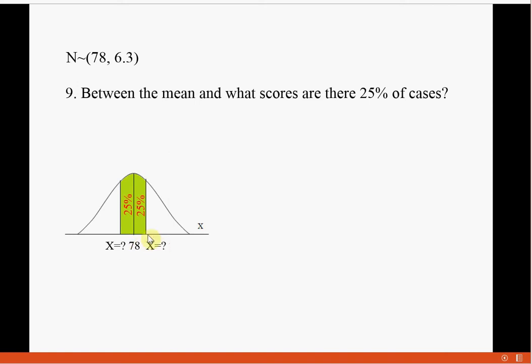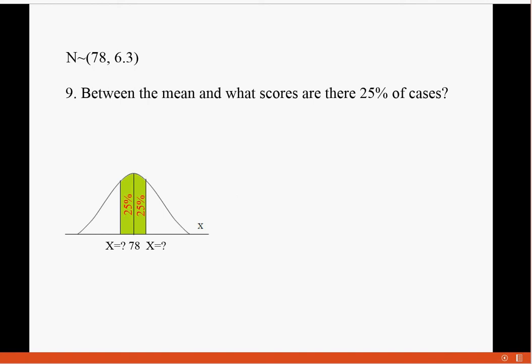In between, you have in total 50%. On either side, you have 25%. Obviously, the normal distribution is a symmetrical distribution. You know the value on the positive side, so you kind of know the value on the negative side.